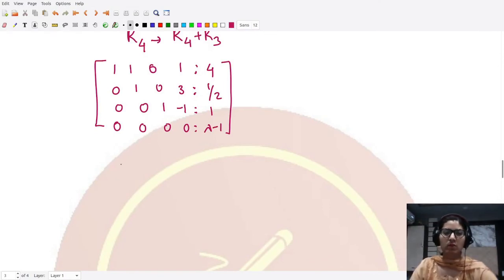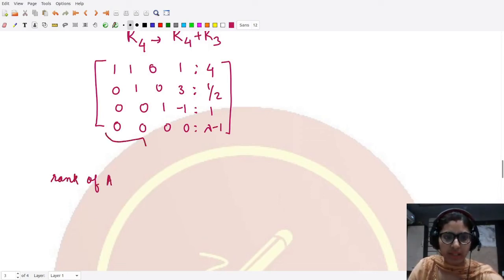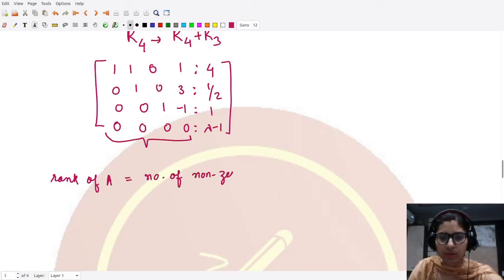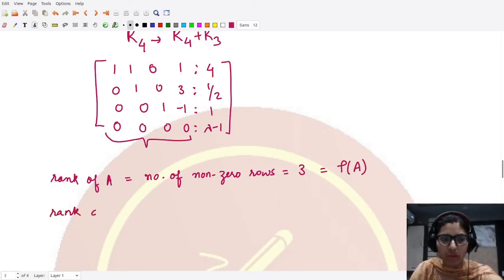echelon form. So now here you have to see what is the rank of matrix A. So if you see you have the matrix A up to here, right? It is the number of non-zero rows. How many such rows are there? We have 3 in total, right? So this is the rank of A. And what is the rank of A augmented with B?